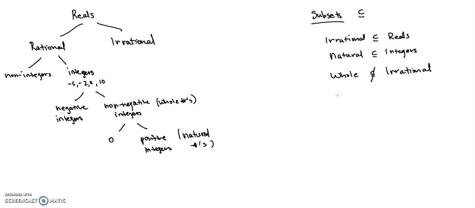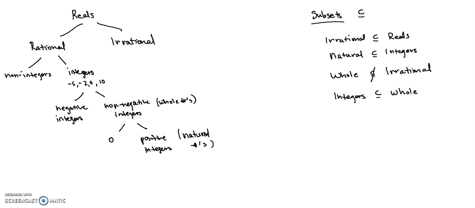Okay, could I say that the integers are a subset of the whole numbers? Okay, so come over here. They're on the same branch. They're definitely related. But are integers part of the whole? No, integers are bigger.